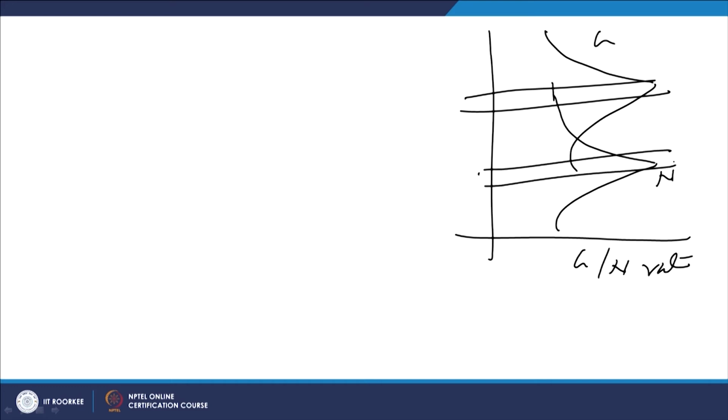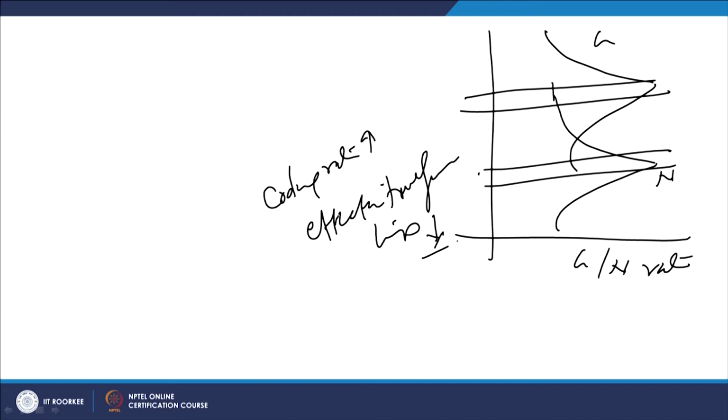So, when the cooling rate is high, the effective transformation temperature is reduced, and when we have the lower effective transformation temperature, this offers a high nucleation rate and low growth rate.